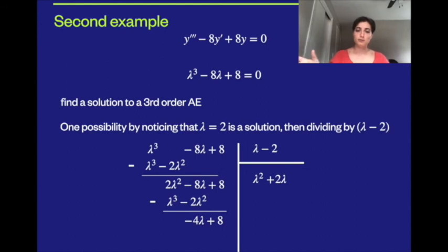If you multiply 2 lambda by lambda minus 2, you retrieve 2 lambda squared that allows you to get rid of the first term, and 4 lambda that allows you to get rid of 4 lambda out of the 8 lambda that you have. And then to solve for the last equation, you need minus 4, and that indeed solves it exactly.